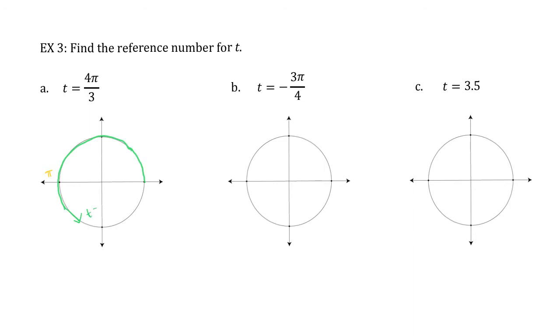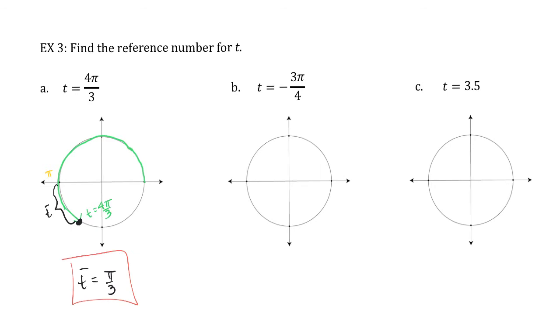So t is 4 pi over 3. But the reference number is just that little section, the shortest distance between where we are and the x-axis. So t bar, that reference number, is pi over 3.